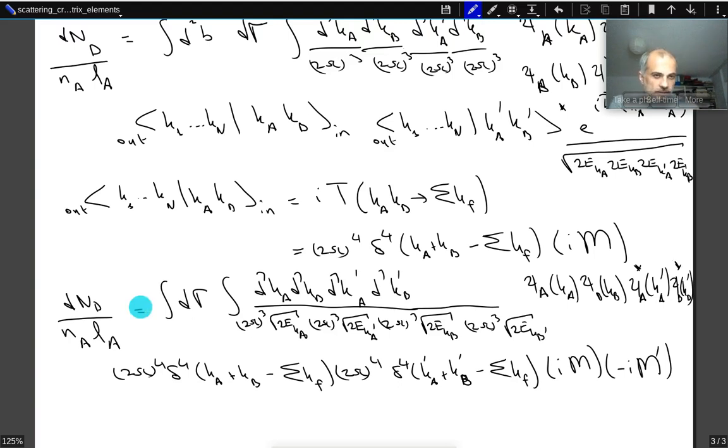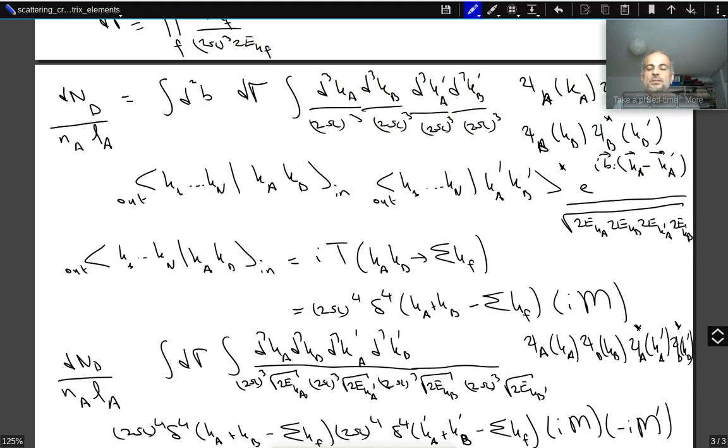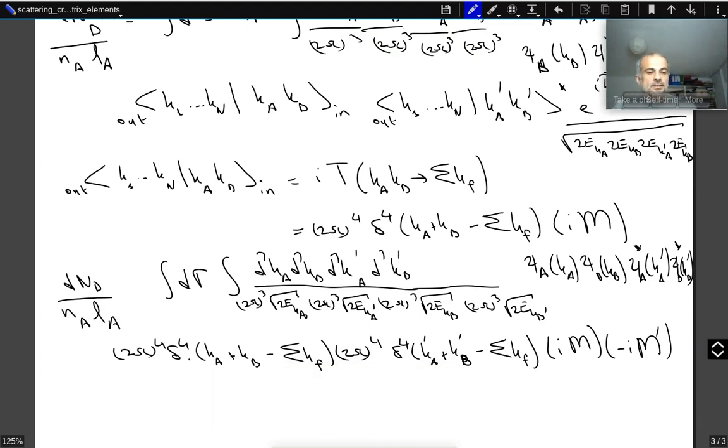I have the b integral, but keep in mind that the b integral will actually give me a Dirac delta. Here I have two b's, so I will get two Dirac deltas, 2 pi squared Dirac delta.